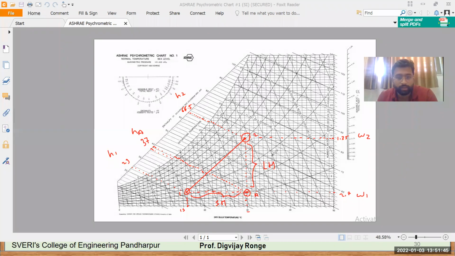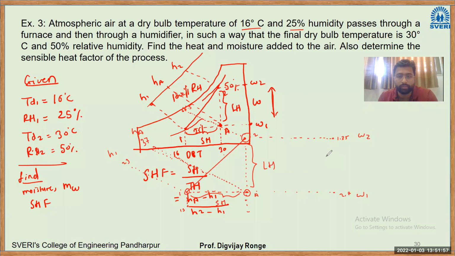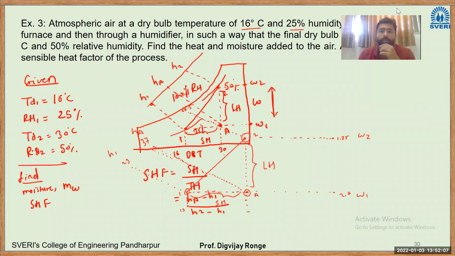Now I will go back. 64.5. Okay. I'll go back to the example here. Right. I'll close the annotations. Okay.